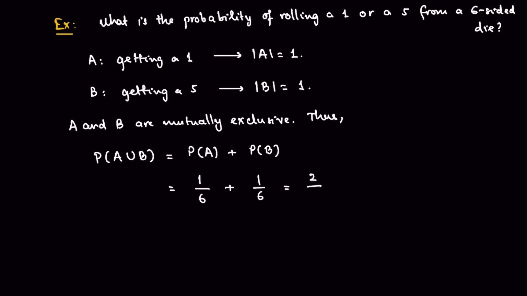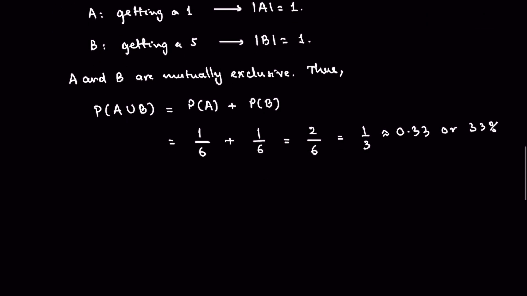Therefore, you get 2 over 6, or 1/3. And this is approximately equal to 0.33, or 33%. So you conclude that there is a 33% chance of rolling a 1 or a 5.